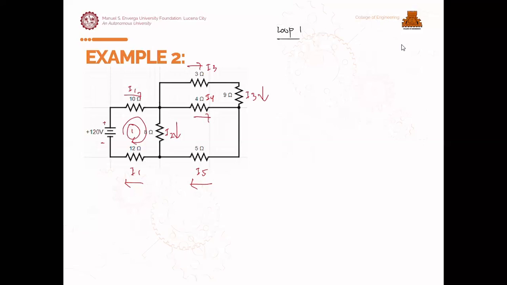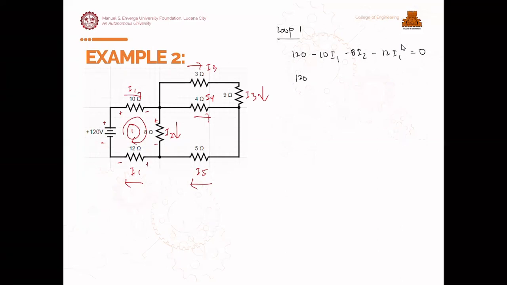So in loop 1, we go towards the positive of the 120 battery, then positive negative, positive negative, positive negative. 120 minus 10I1 minus 8I2 minus 12I1 is equal to 0.